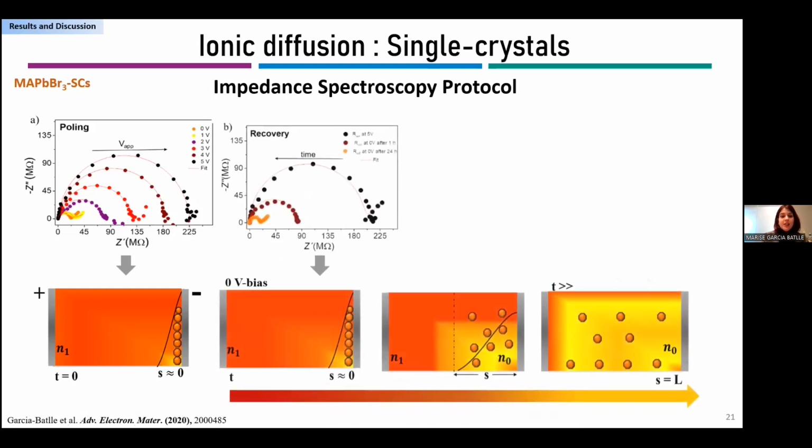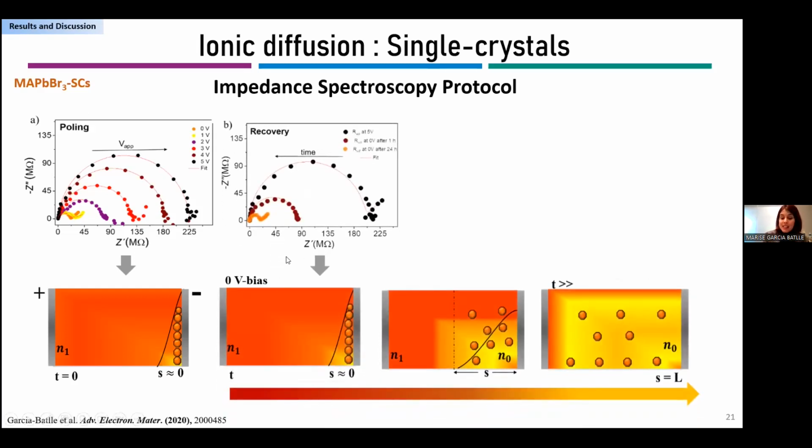Then when we apply zero bias, or when we remove bias, short circuit condition, we can observe how the resistance decreases toward steady state resistance. It's like we observe how the ions diffuse and they shift the electronic conductivity during the recovery bias. And this can be observed by impedance spectroscopy.